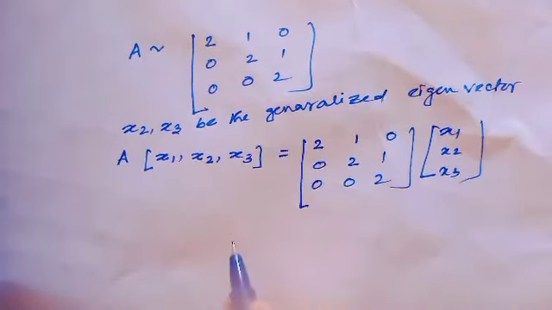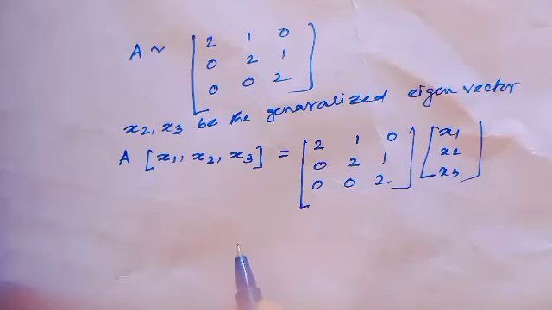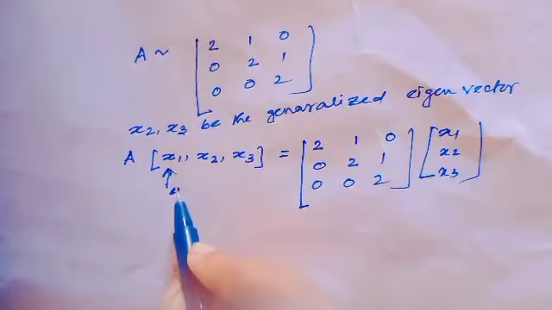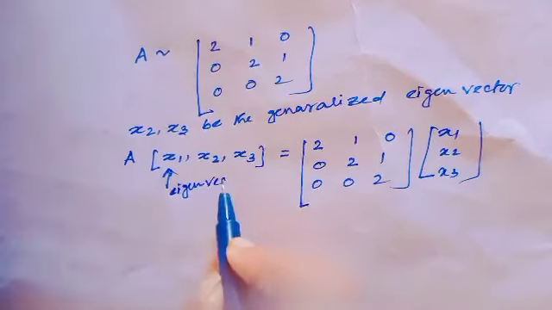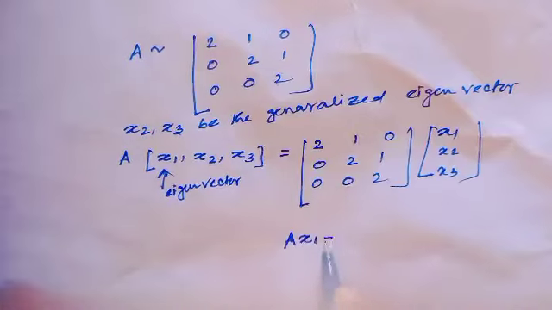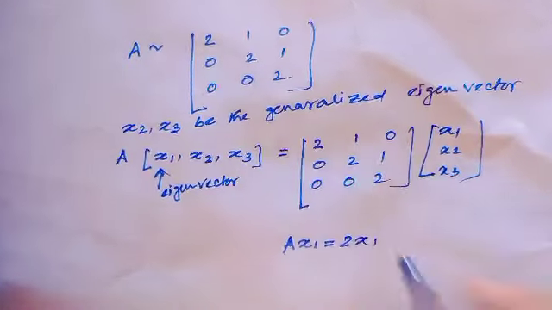From this equation we can tell that since x1 is an eigenvector, A x1 equals 2 times x1.